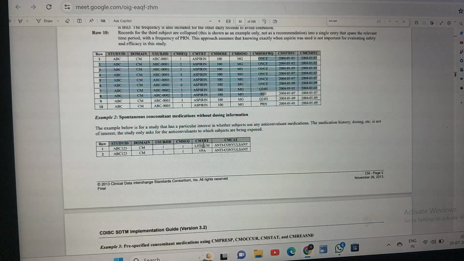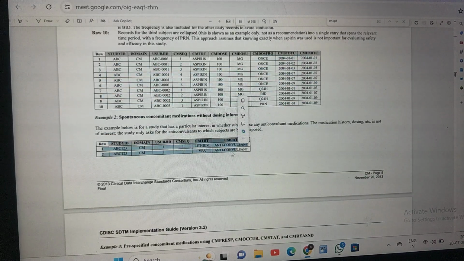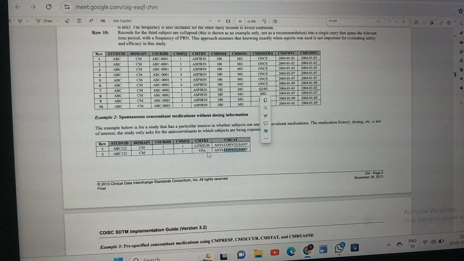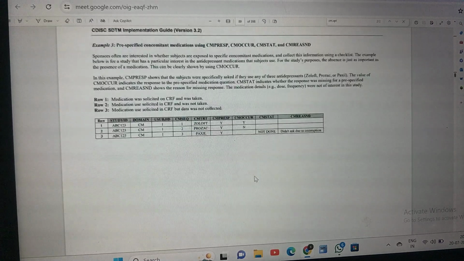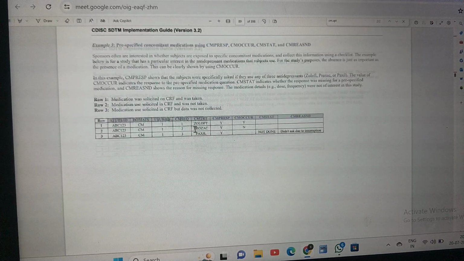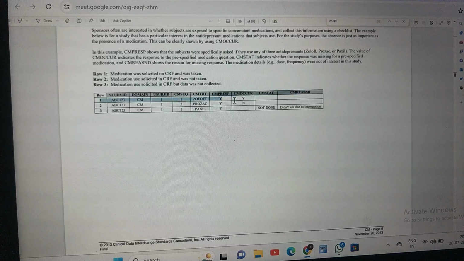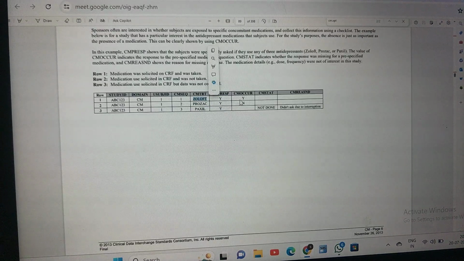Then the category and subcategory, if you can see, anti-convulsant. I'm not sure what this is, but it is the treatment and then your particular categories. There are different examples. This is the CMTRT, and prescribed by: these are the 3 pre-specified medications, so that's why CM prescribed should be Y. If the subject took this medication, Zoloft, it's N, otherwise it should be no. Here you have the missing prescribed Y and then the result missing, that's why it is not done.